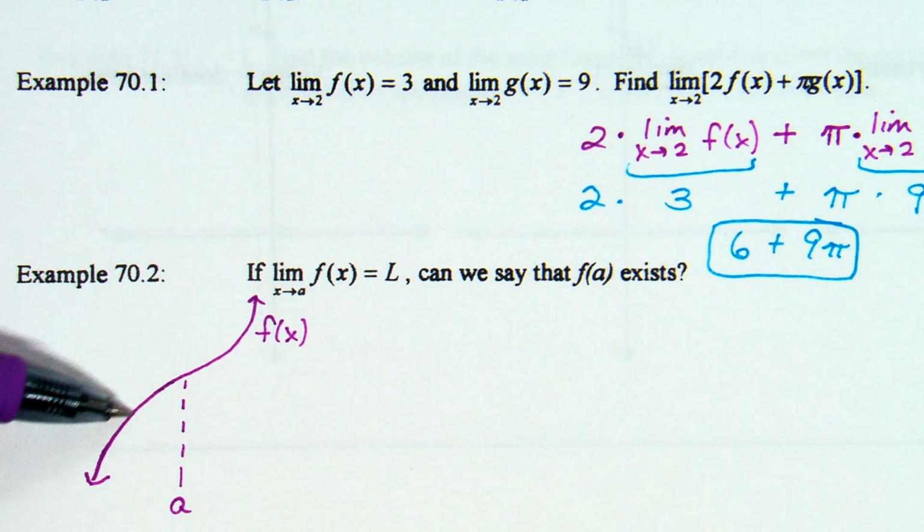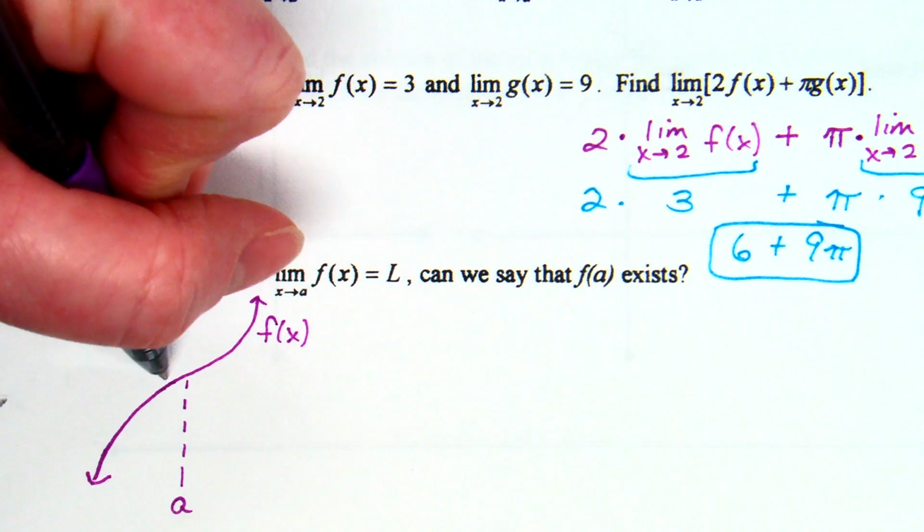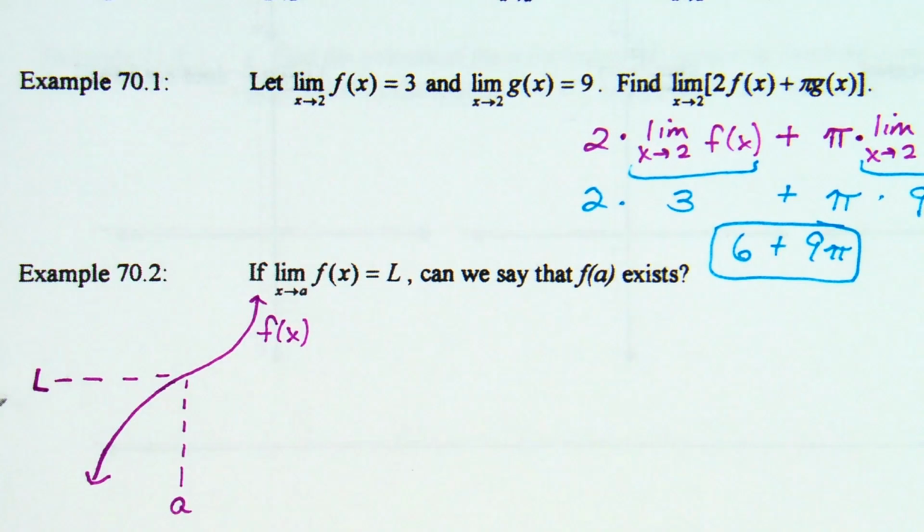If the limit as x approaches a, so as we trace on this curve, equals L, that means L is the y value. Because x approaches is the x value, what the limit equals is your y value. So right here, this is what it says. Can we say that f of a exists? Can we say that there is a point at that spot on the graph of f of x?